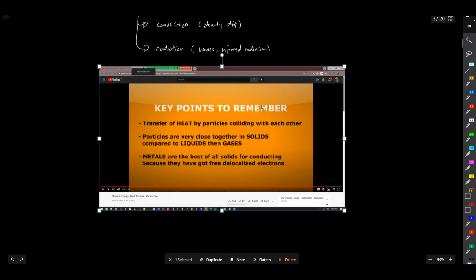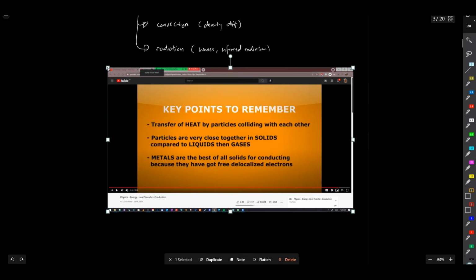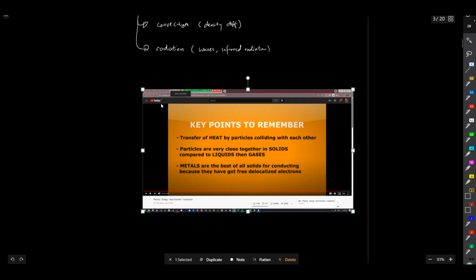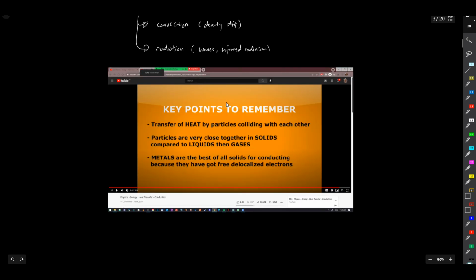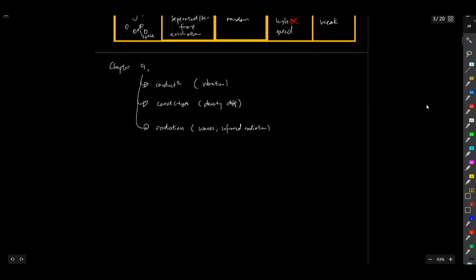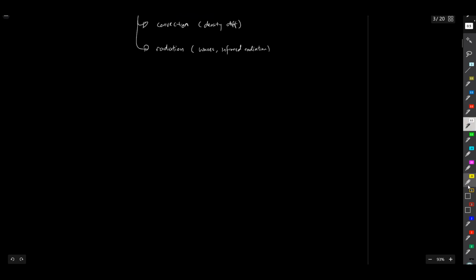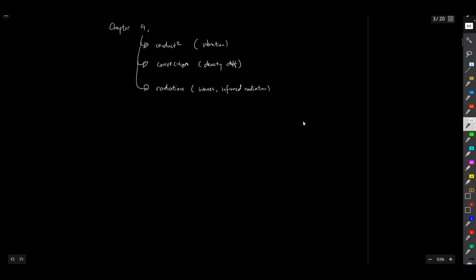Yes. Okay. So let's talk about these three quickly, and then we'll move on. The basis of all these three is the idea of heat transfer, because they are just methods of heat transfer.